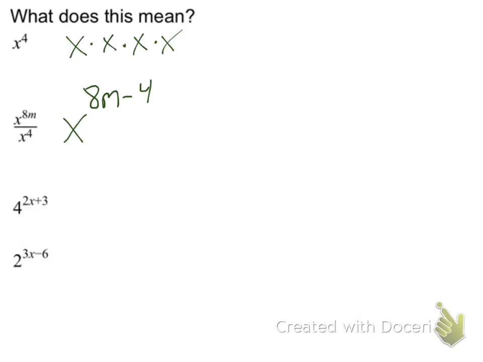What is 4 to the 2x plus 3? Then, what could that look like? Or let's jump over the 4 one. Let's go to 2. Because that's kind of like the exact example that we just did above. Can I change that to look like something else?